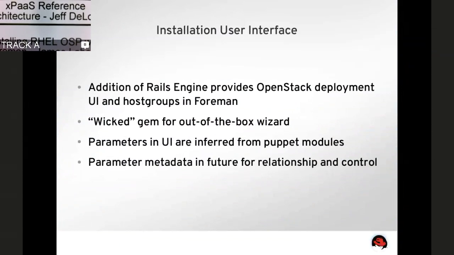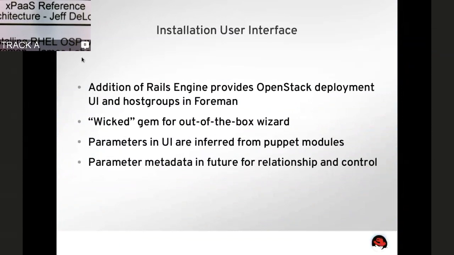If you're familiar with the Wicked gem, it's basically using that to drive the wizards. The parameters in the UI for each of these host groups are inferred from the Puppet modules. We're not trying to redevelop Puppet modules. We're trying to leverage the ones that are already being worked on upstream, I believe in StackForge. So we're trying to leverage those.